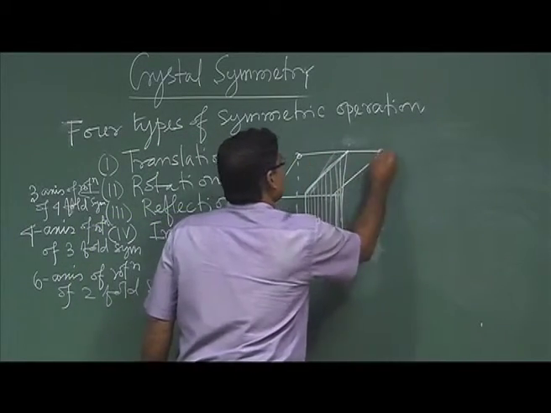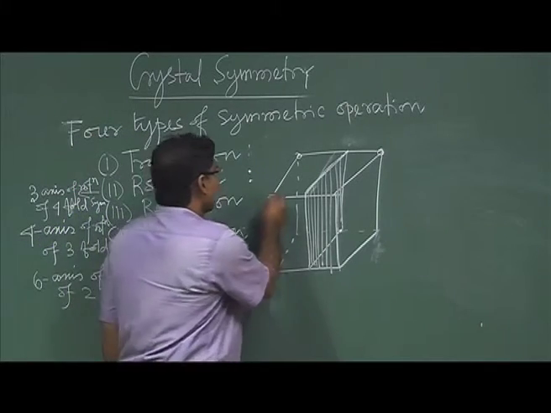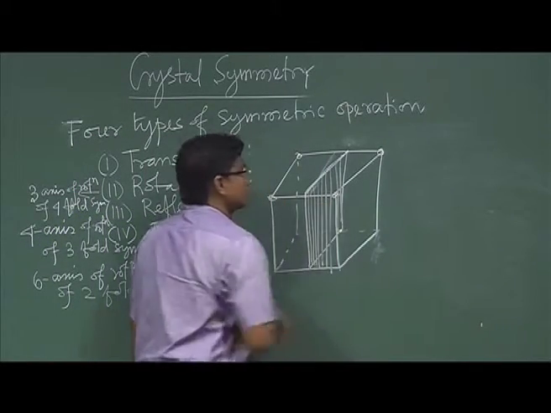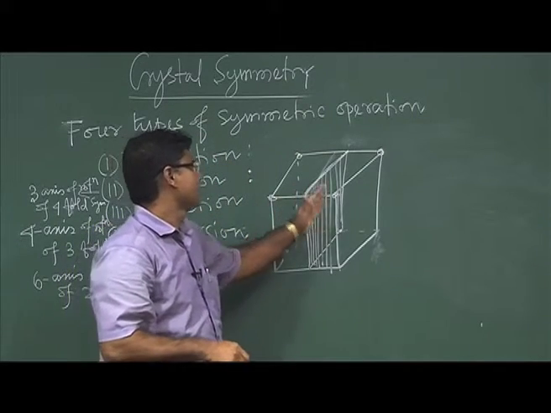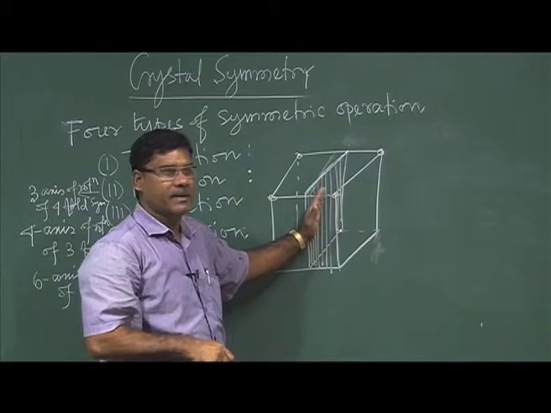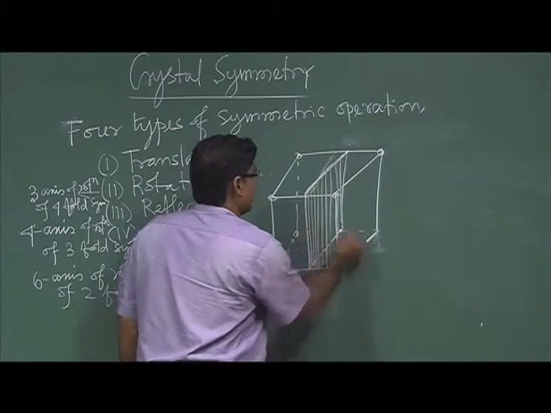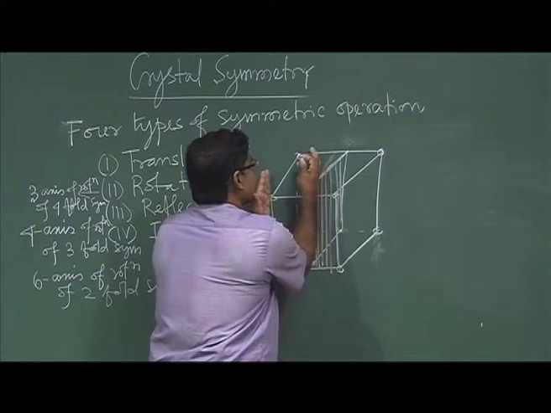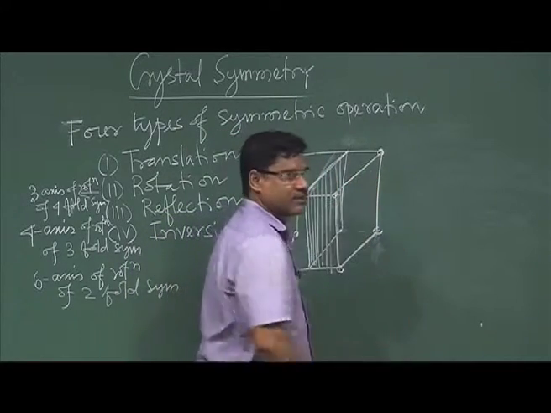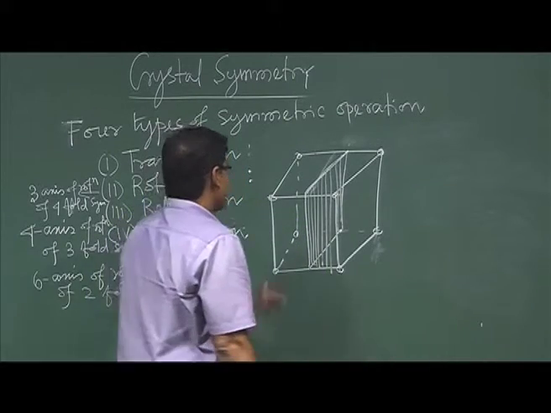So, this point corresponds to this point, right. This point corresponds to this point, by reflection from this plane. Similarly, you can see this one. So, this half is exactly the same as the other half.